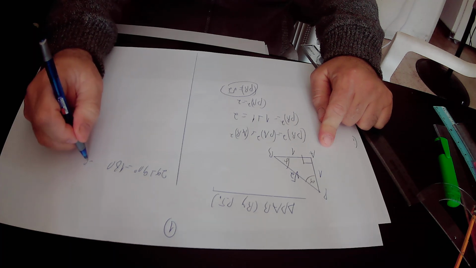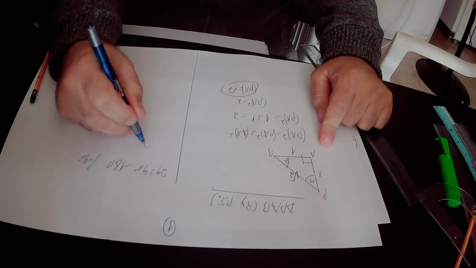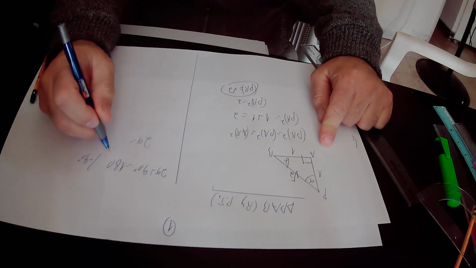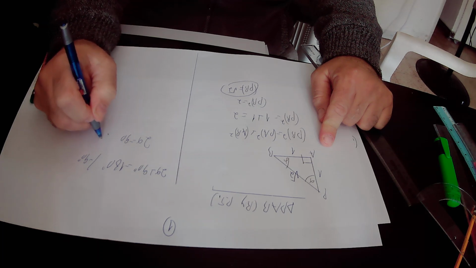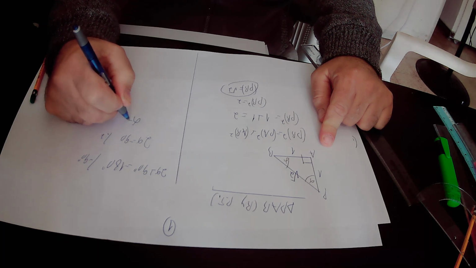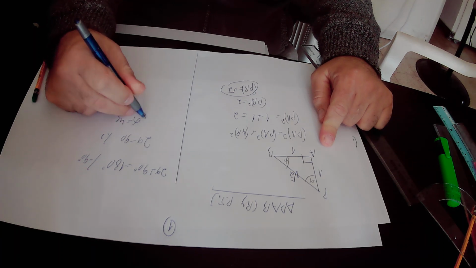We subtract 90 degrees from this equation, and finally we get that 2 alpha equals 180 degrees minus 90 degrees, it is 90 degrees. We divide this equation by 2 and we get that alpha equals 90 degrees over 2, that is 45 degrees.